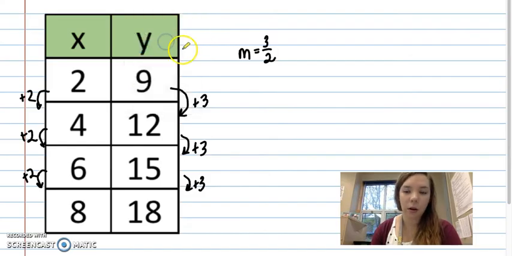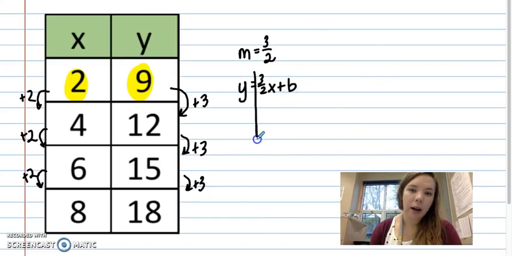I like to choose the smallest positive one I can find. So I'm going to use 2 and 9. So for y, I'm going to plug in a 9. Or here, we have y equals 3/2 x plus b. For y, I'm going to replace that with 9. For x, I'm going to replace that with 2.